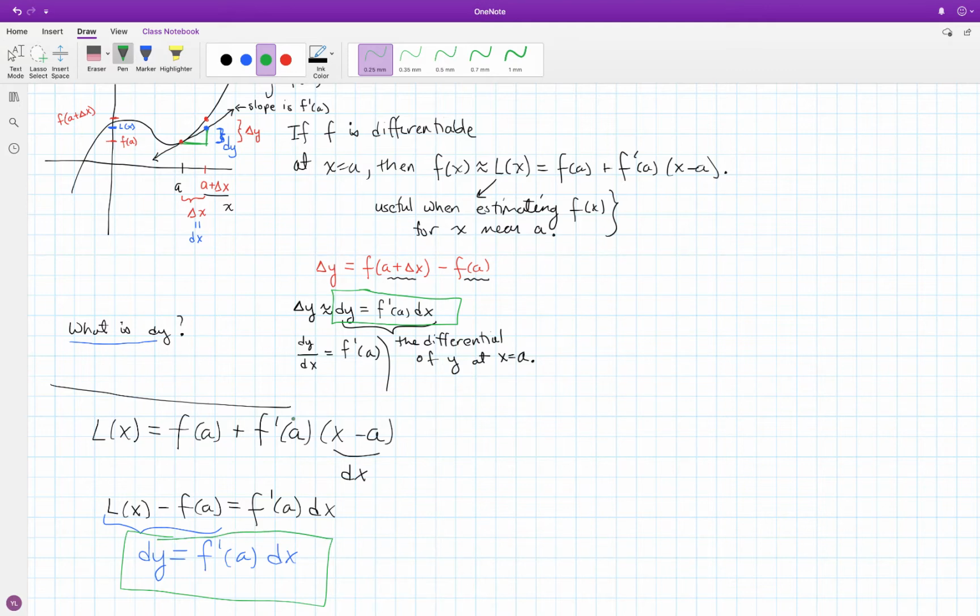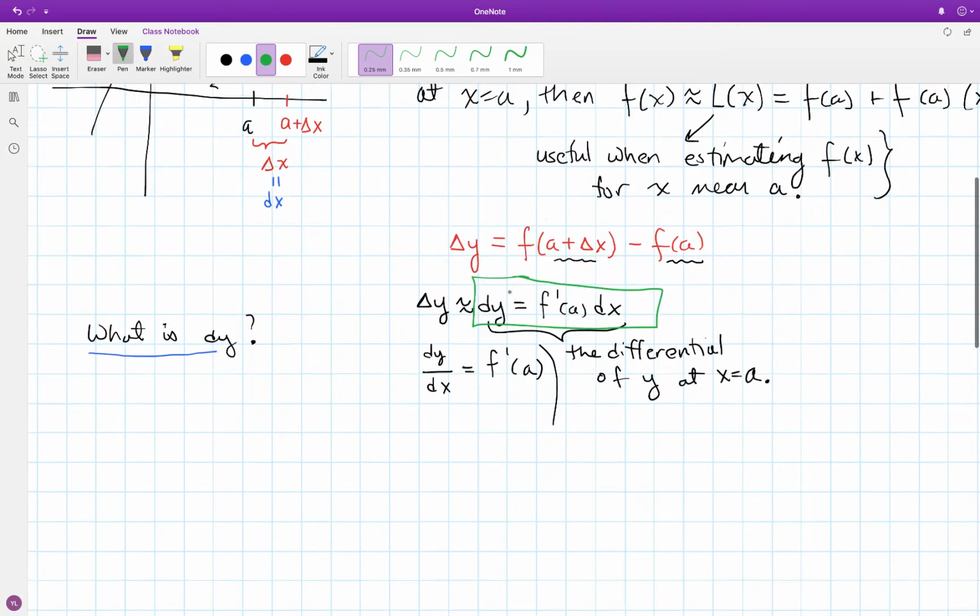So these concepts are one and the same. The only difference is a difference in notation, and as I've said, it's a slight change in perspective. With the linearization, we're estimating function values f of x near the x value a. With differentials, we're using the differential to estimate changes in the function values relative to small changes in the independent variable.